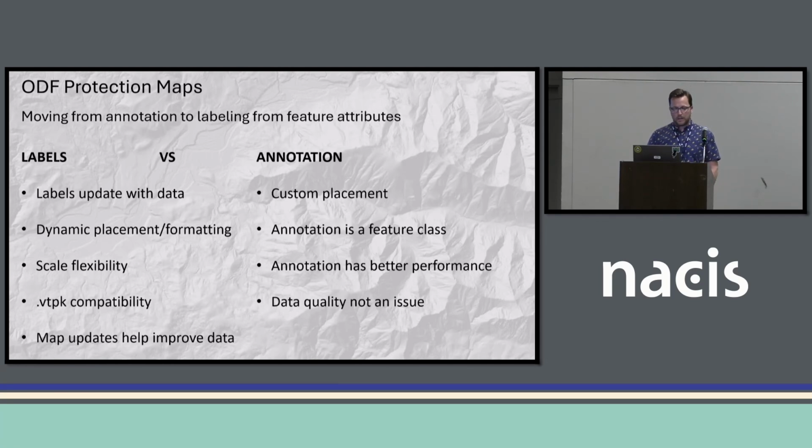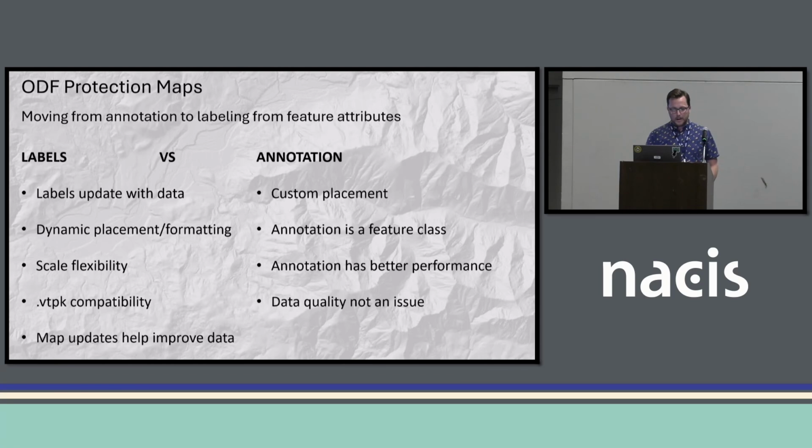Annotation is built in a specific map scale, but if you're labeling from your data, you can use it in different scales. I mentioned that we create some tile layers that we use as base maps, and annotation is not compatible in those environments. And then updating our maps actually helps us improve our data rather than spending our time editing annotation and placing it.